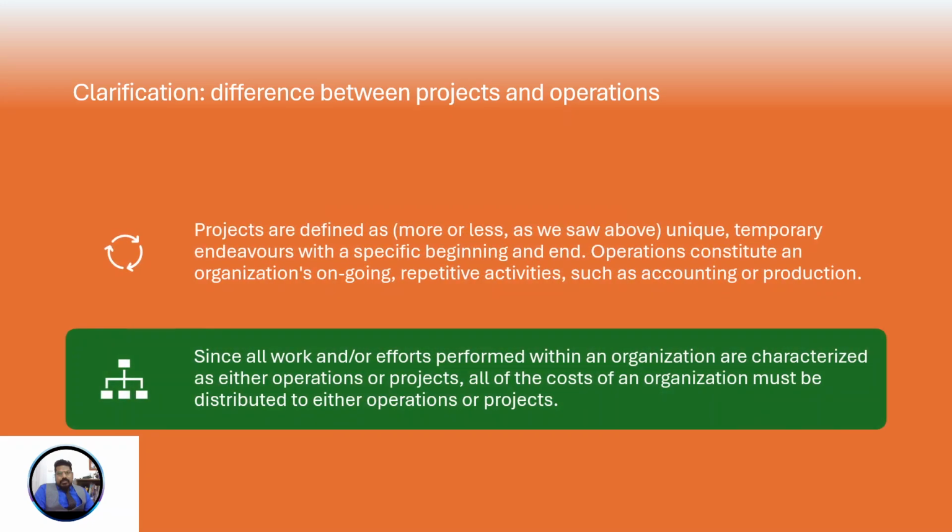The clarification between project and operations is: a project by definition is a temporary endeavor undertaken to create a unique product, service, or result. When a project is completed, it is given to the operations team for handover.